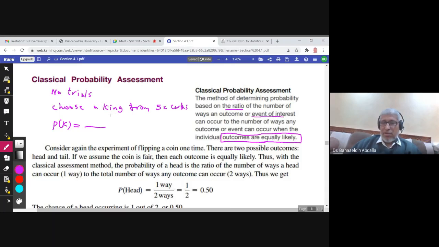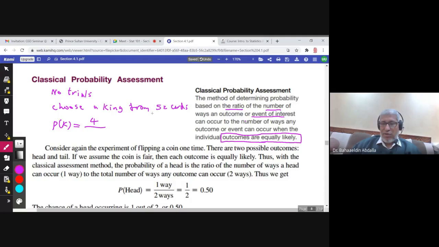So, how many kings are there in the 52 cards? This is the number of ways the event of interest can occur. You should know there are 4 kings in the 52 cards.